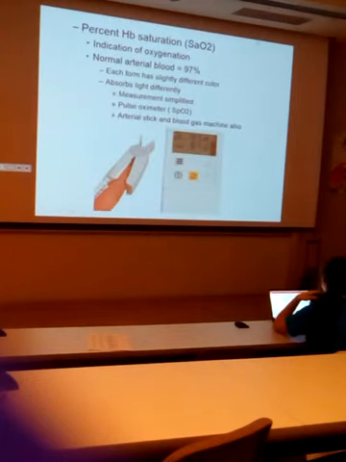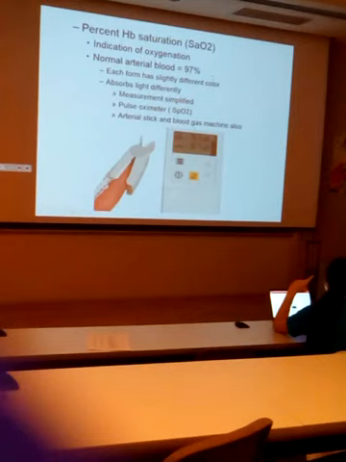This you probably have seen, that little thing that they put on your finger. And what does it measure? Hemoglobin saturation, right? Normal arterial blood, assuming a normal PaO2, should be 97, 98% saturated.